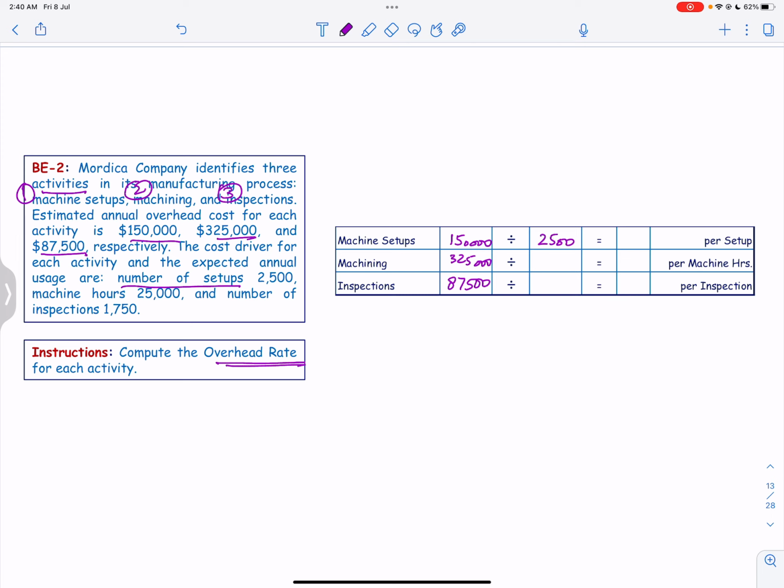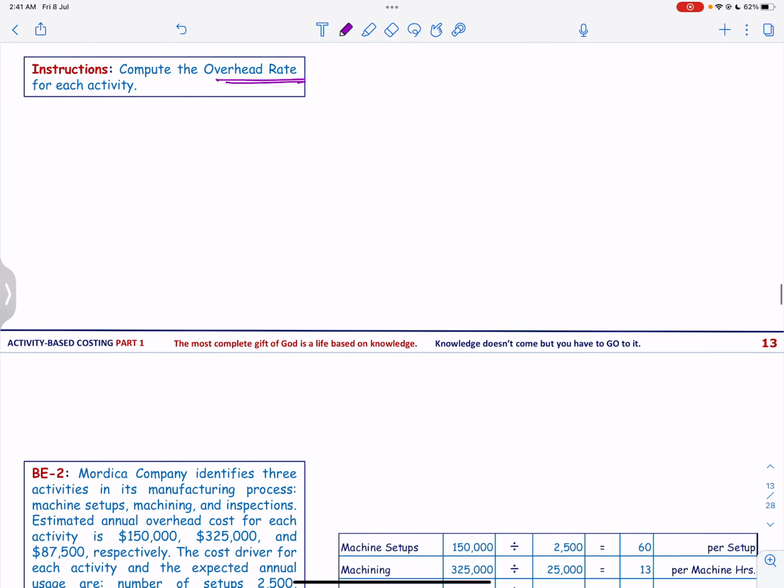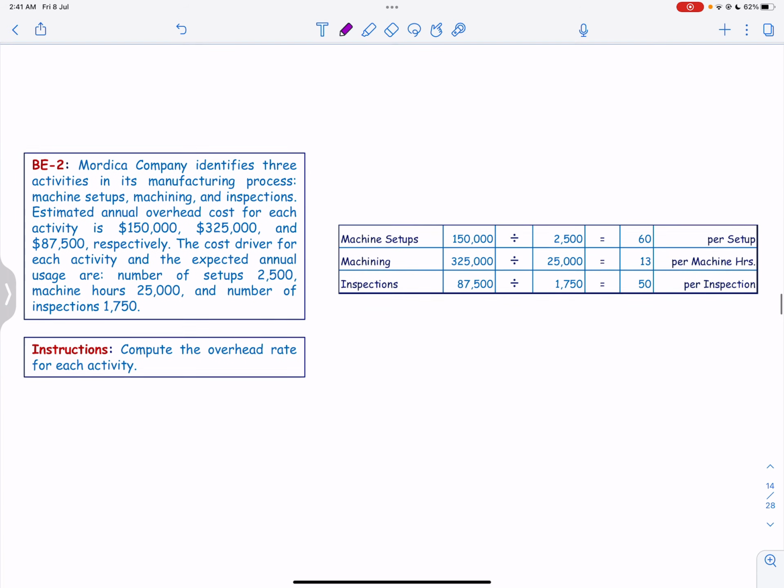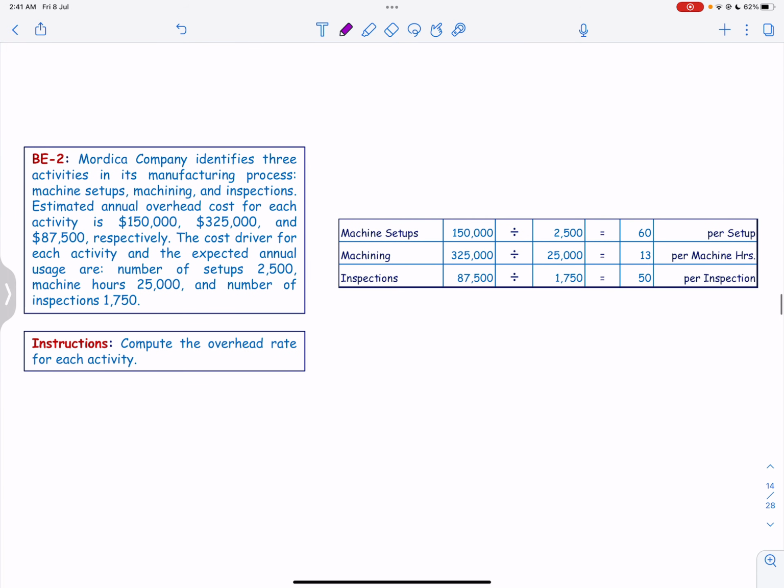Machine setup for machining, machine hours, it is 25,000, and for inspection it is 1,750. So this will be equal to 60 per setup, 13 per machine hour, and 50 per inspection. Again, you can see I have put the illustration in an Excel sheet in case you find it difficult to read it.